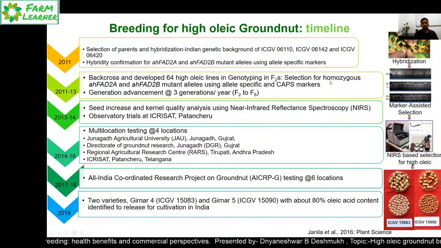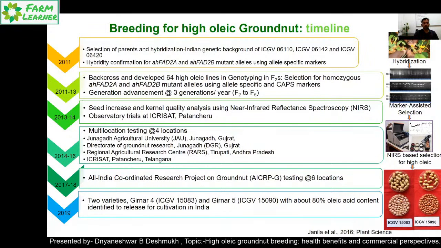Molecular markers were used for the confirmation of high oleic alleles in the population. And then seed increase was done during 2013 to 2014 by using NIRS. I'll explain this in brief, how this near infrared reflectance spectroscopy helps for the fatty acid profile in groundnut.